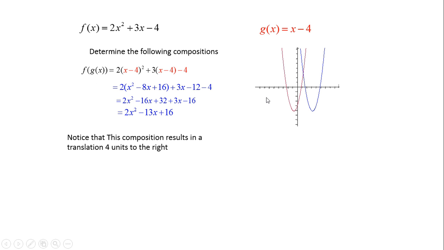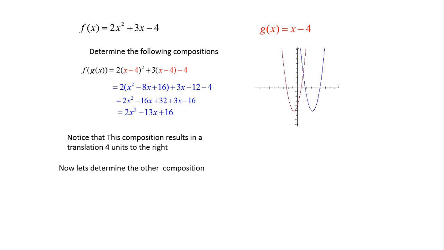So here it is. In red is our original function, 2x squared plus 3x minus 4. And our resulting function from the composition of these two, in blue, shows to be merely a 4-unit translation to the right of the original function.